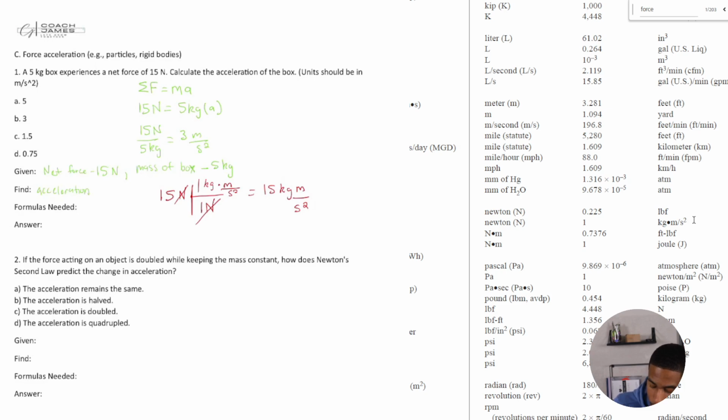Now if I took that, 15 kg meters per second squared, and divided all that by my 3 meters per second squared, right?